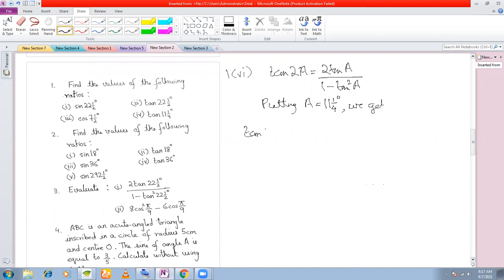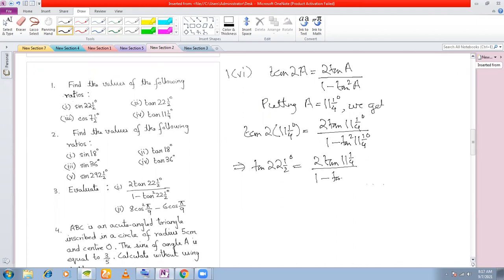Tan twice 11 1/4 degree is 2 tan 11 1/4 divided by 1 minus tan square 11 1/4 degree. That means you get tan 22 and a half degree is equal to 2 tan 11 1/4 by 1 minus tan square 11 1/4.